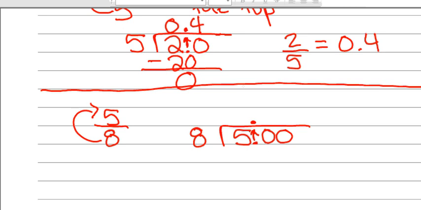So does 8 go into 5? It's too big. If you want, you can put a 0 there. If you don't want to, you don't have to. So let's go on. Does 8 go into 50? It does. I think the closest I can get is 48.